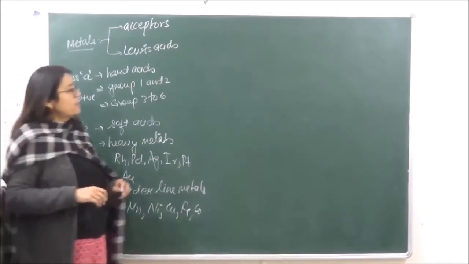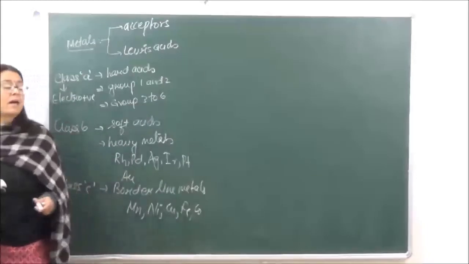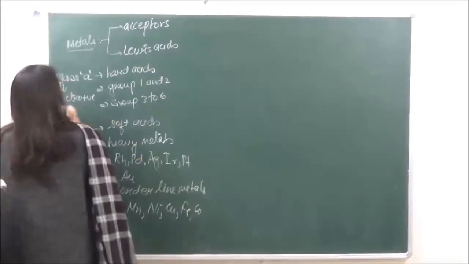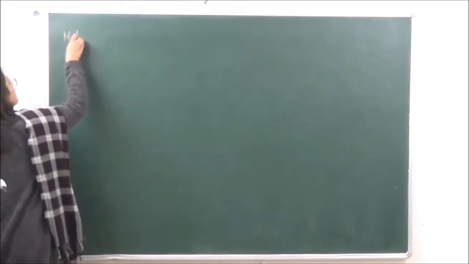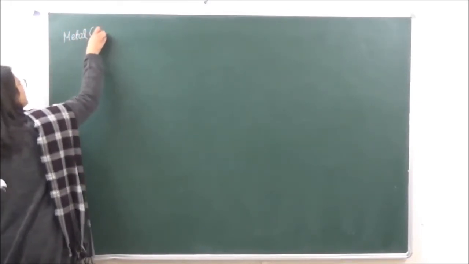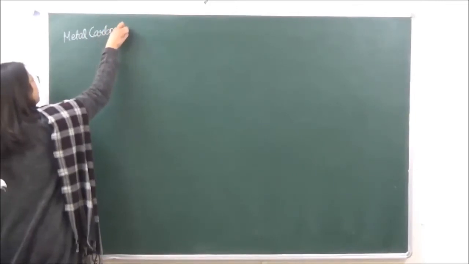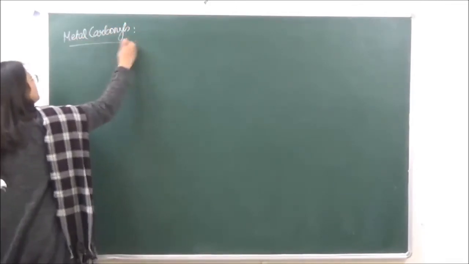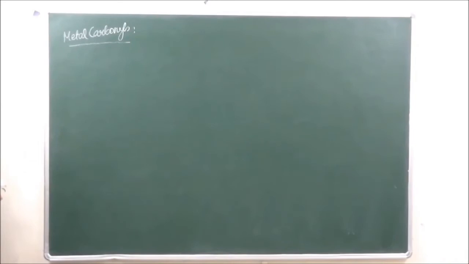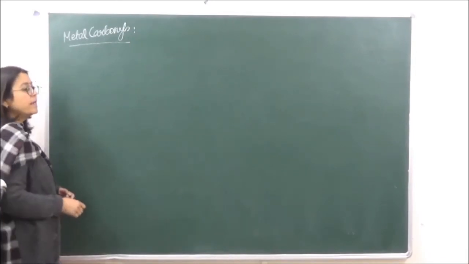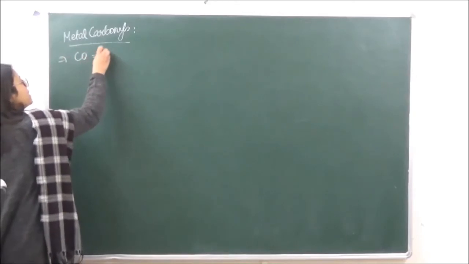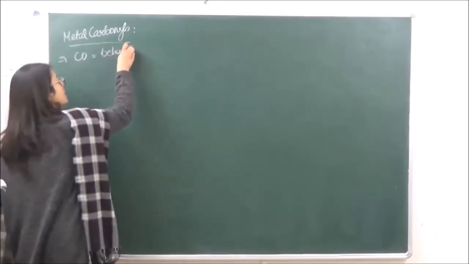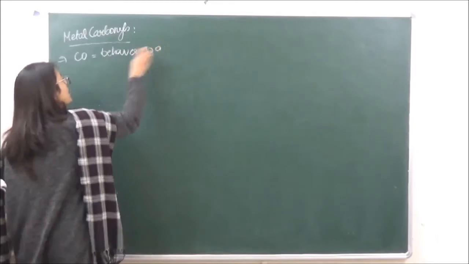Then the last topic which we are going to do is metal carbonyls. So let's understand what metal carbonyls are. Metal carbonyls are those coordinate complexes in which carbon monoxide behaves as a ligand.